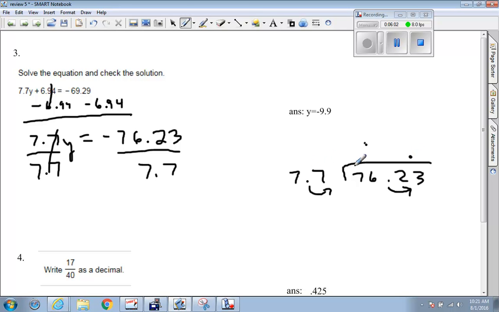So 77 doesn't go into 76, but perhaps it goes into 762, maybe about 9 times. You do some guesstimation, but remember you're going to come back around and multiply. So 9 times 7 is 63, put the 3 down, carry the 6. 9 times 7 is 63, plus 6 is 69. Draw the line and subtract.